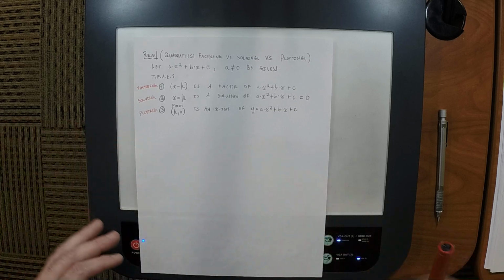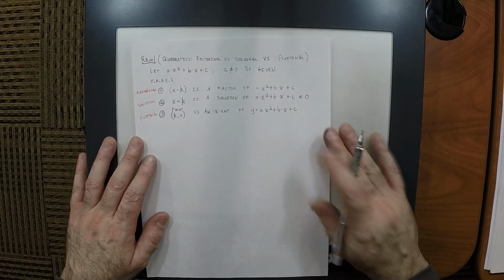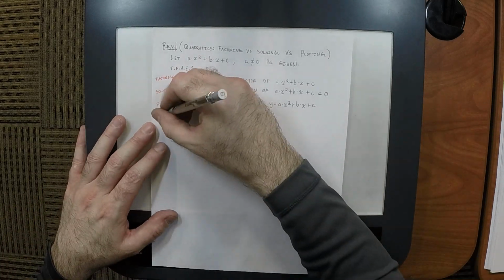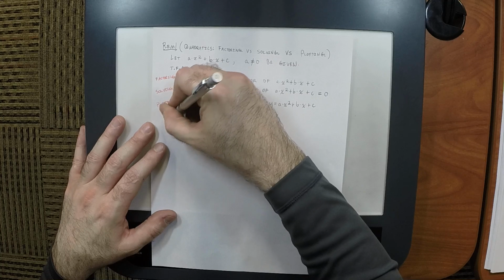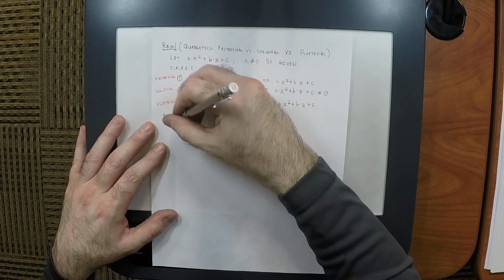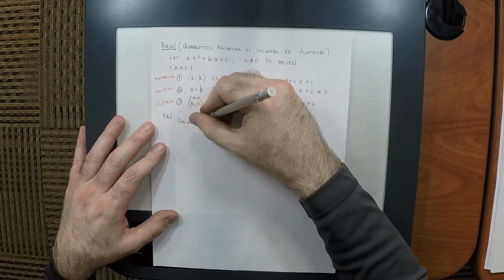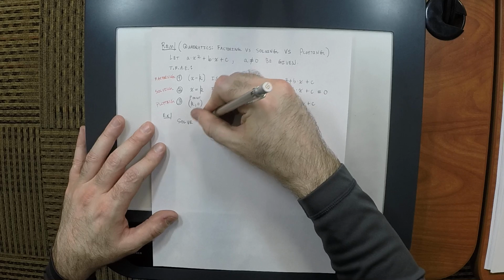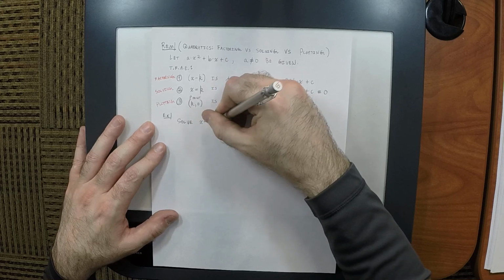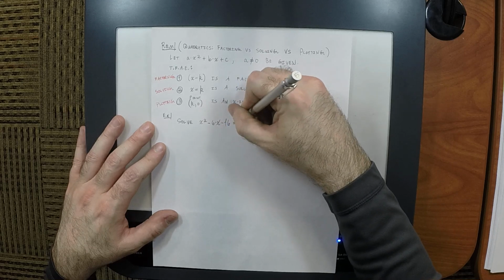Now it can feel, I imagine, pretty abstract right now. Probably best to do an example. So here's an example. So please solve x squared minus 6x minus 16 equal to 0.